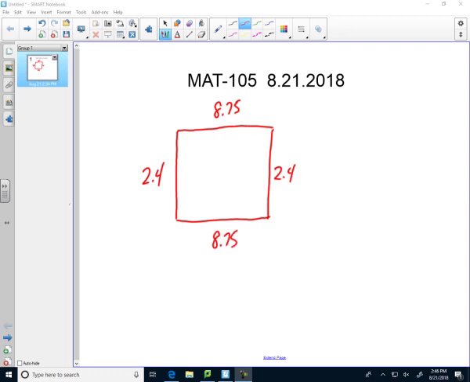Now, here's the problem, mostly, and you'll notice the dimensions on the paper are inches. Let's change that to feet. You'll see why in a minute.